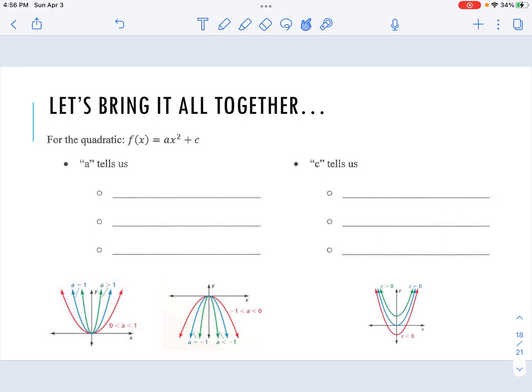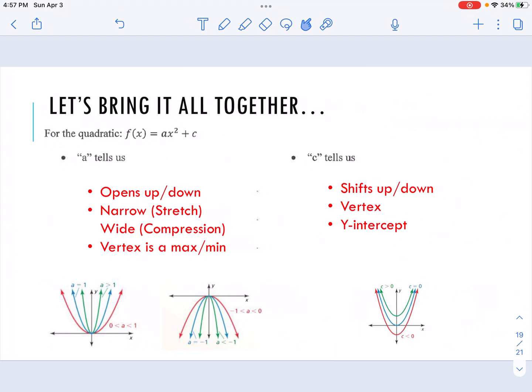And although this is not in your notes, you might want to record this down. A tells us a few specific points about the graph. It tells us whether or not the graph opens up or down. If the graph is opening upwards, we're dealing with a min value. If the graph is opening downwards, we're looking at a max value.